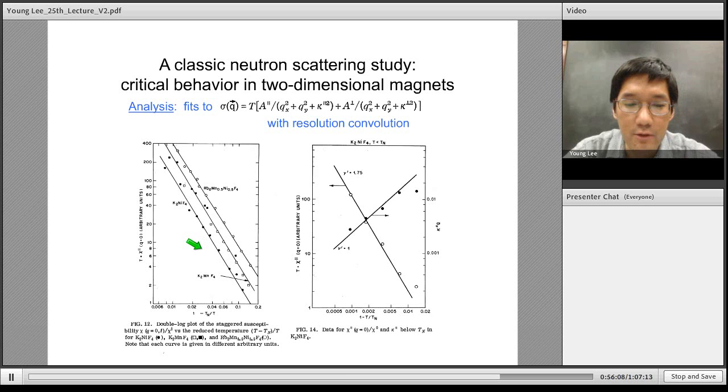So you do have a power law in the susceptibility, and you can get gamma from that. That's for above TN, and then for below TN is shown in this panel. They have an extraction of gamma below TN of 1.75, and an extraction of nu, the critical correlation length exponent, of 1, and these are consistent with the 2D Ising model.